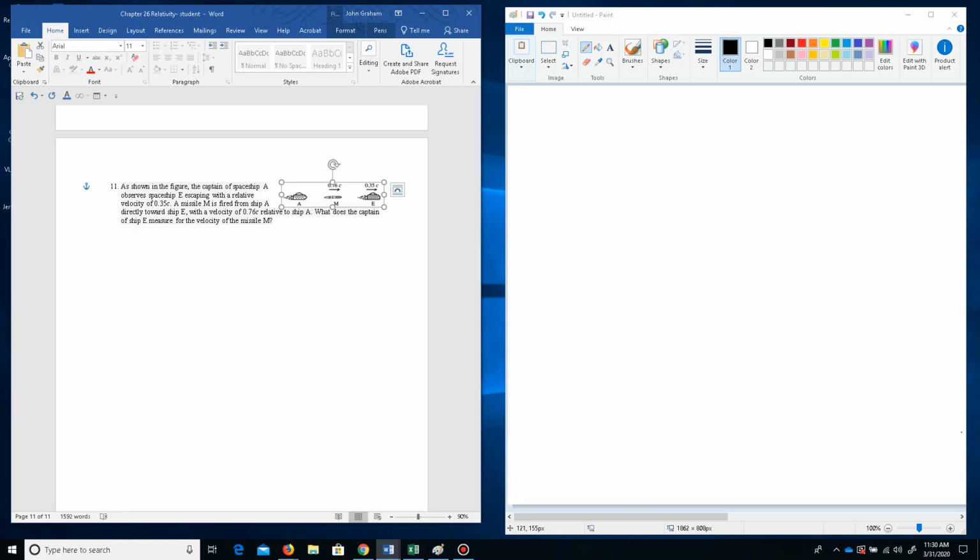Right, so this is where we'll use u equals v minus v prime over 1 minus v u prime over c squared. This is the speed of the missile relative to ship E, which is what we want to know.